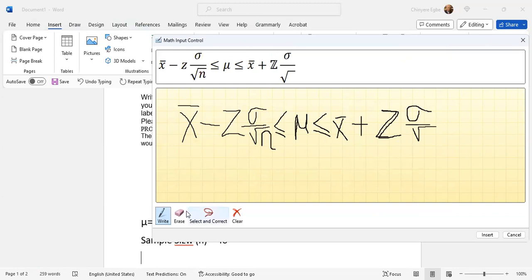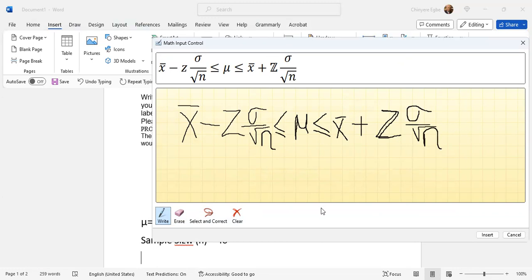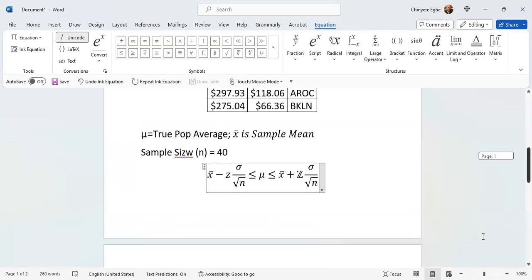Now this is the formula that we're going to use.